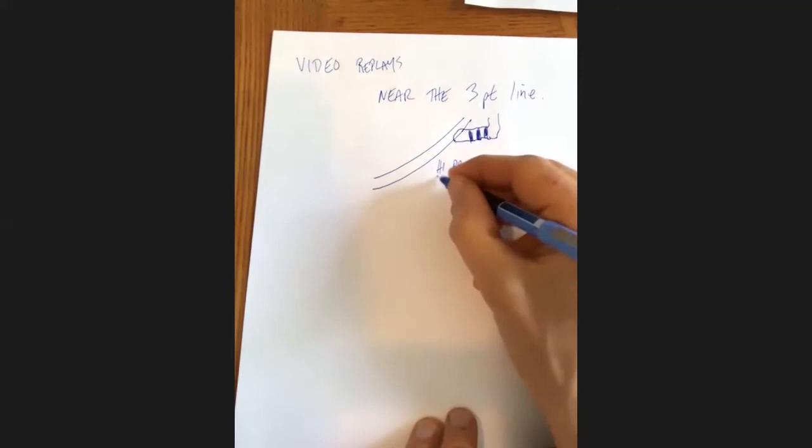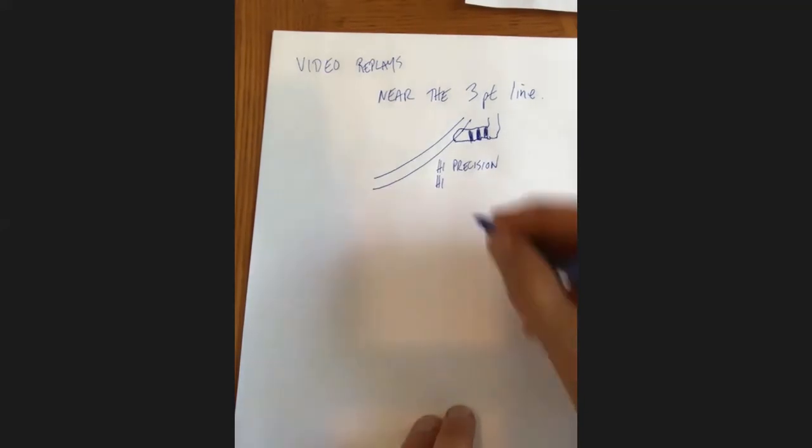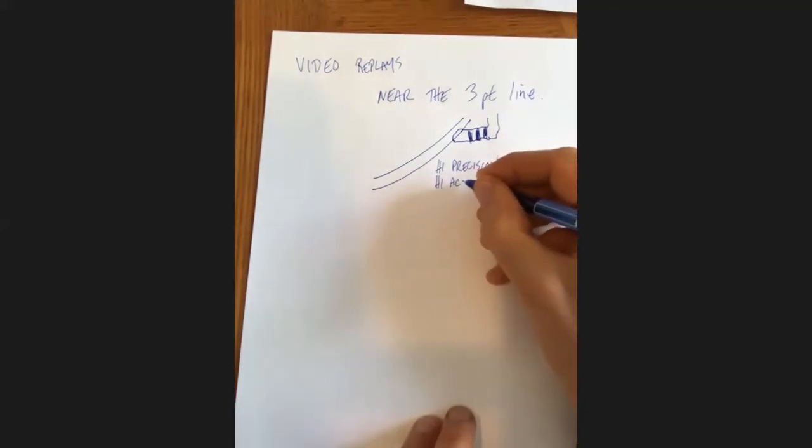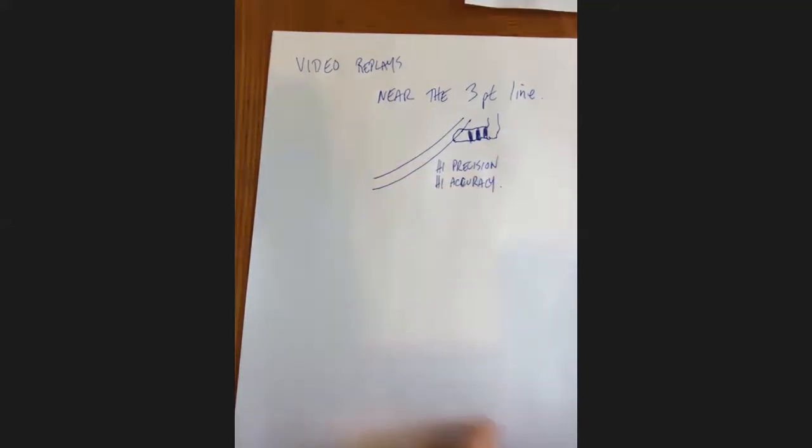So when it comes to video replays on the 3-point line or in other sports, they want high precision and they want high accuracy. That's what they're going for. That's a place where sports fans care a lot. They get up in arms about whether or not it's done correctly.